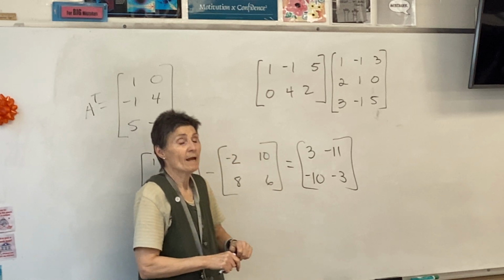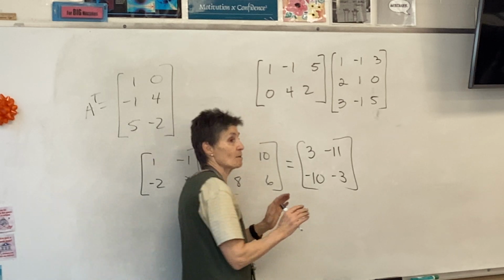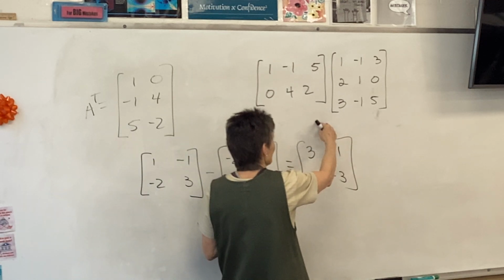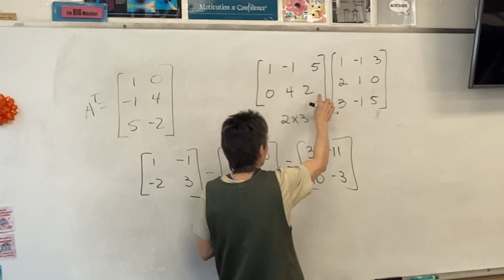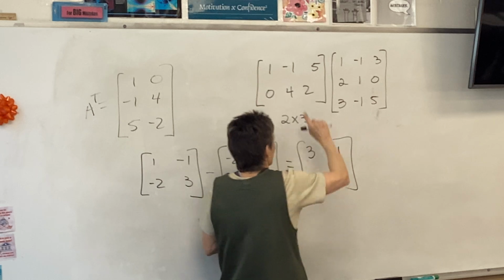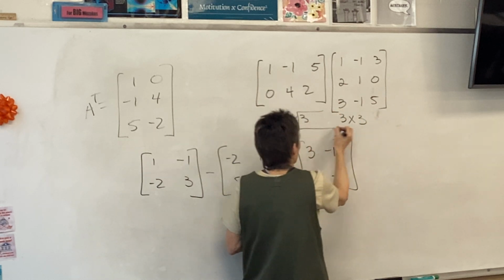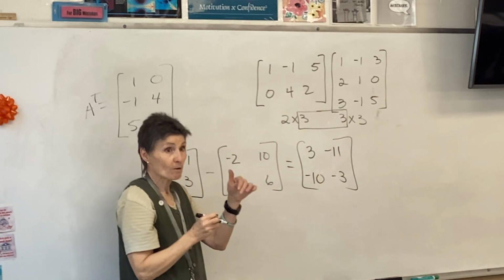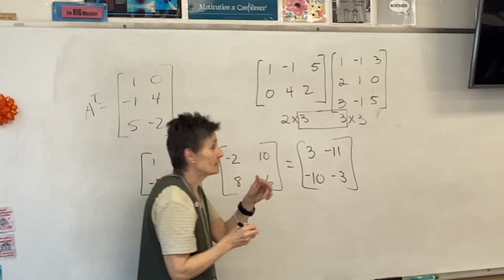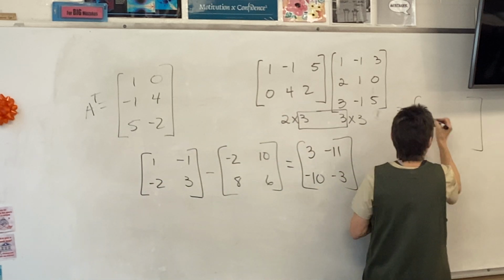When we multiply, they don't have to match. What has to match is the number on the end of one and the number in the middle of the other. So this is a 2 by 3, 2 rows, 3 columns. This is a 3 by 3, and those match. So therefore, I can do it, and the answer will be another 2 by 3.